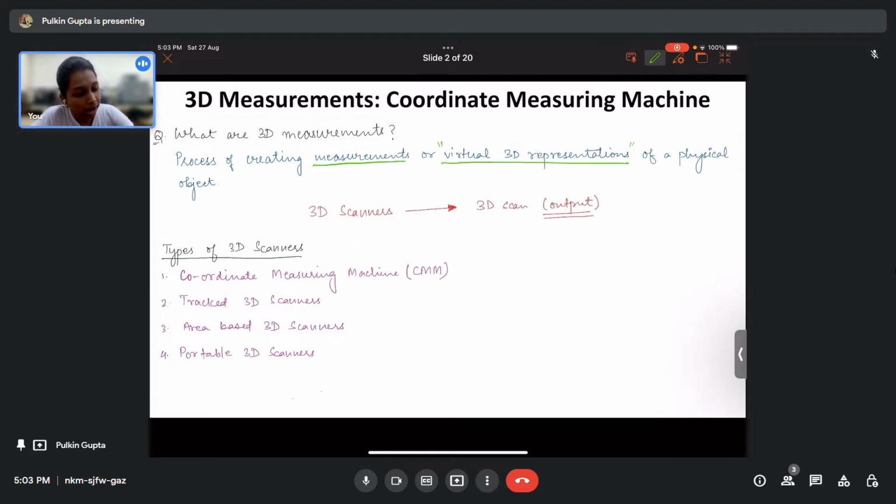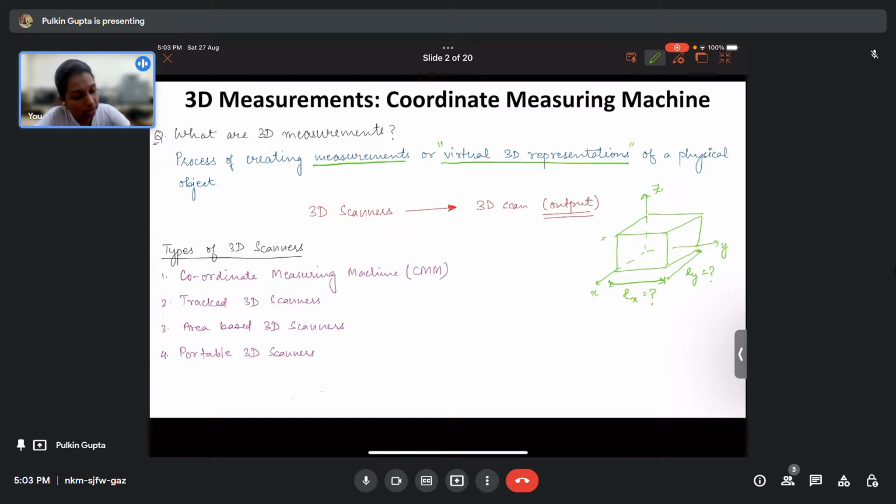Supposedly you are having a cube. So this is your X, this is your Y, and this is your Z direction. So what is the length of this cube along X? What is the length of this cube along Y?